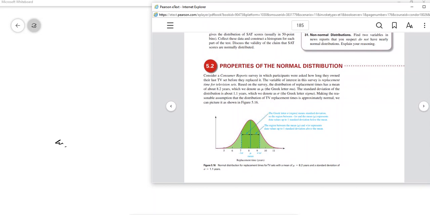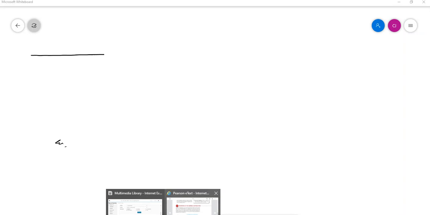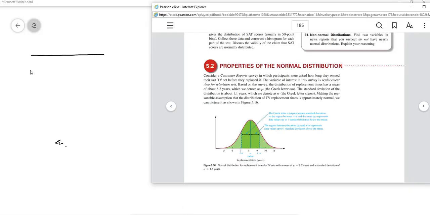If we put in the mean of 8.2, and then the standard deviation, 1.1 years.